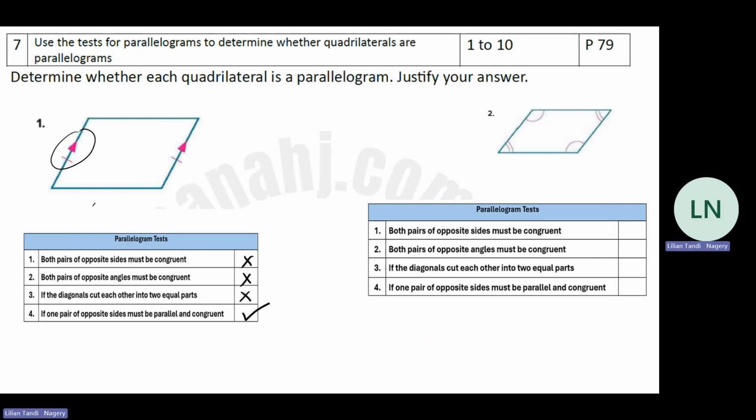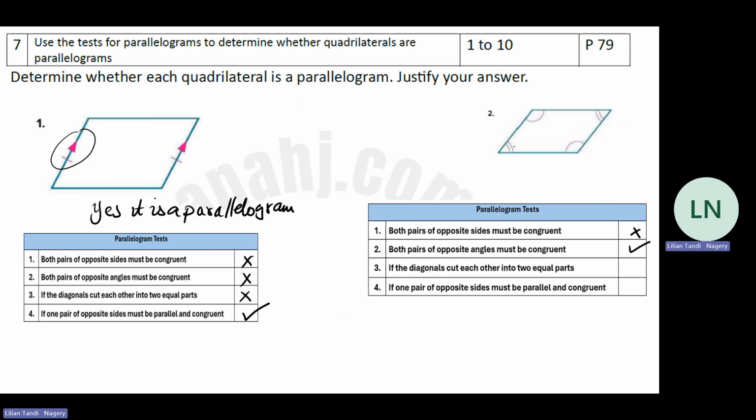So yes, it is a parallelogram. Okay. Now, both pairs of opposite sides, they didn't give me anything about sides. Both pairs of opposite angles are congruent. Yes, this is congruent to that. I said star.